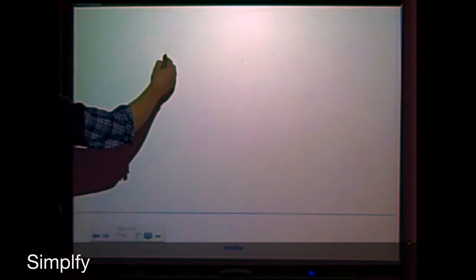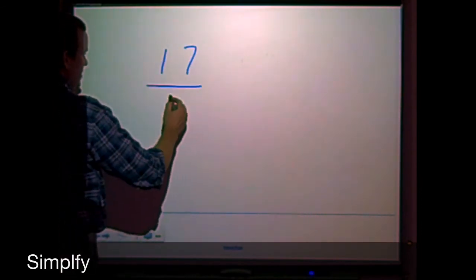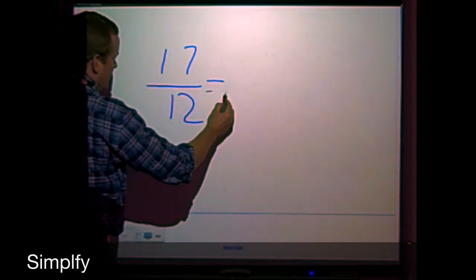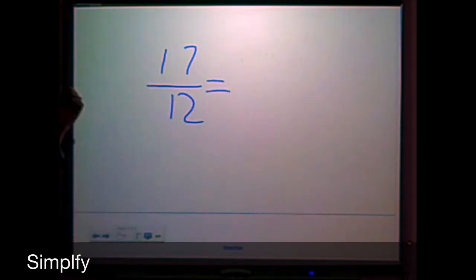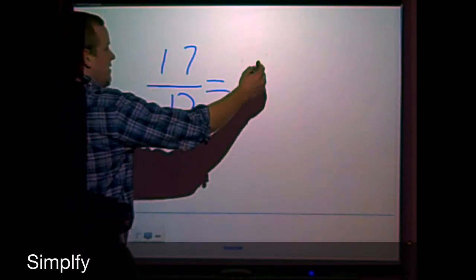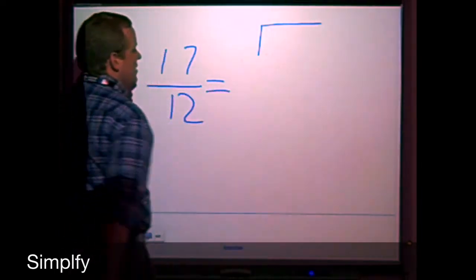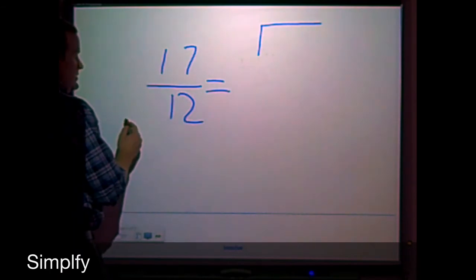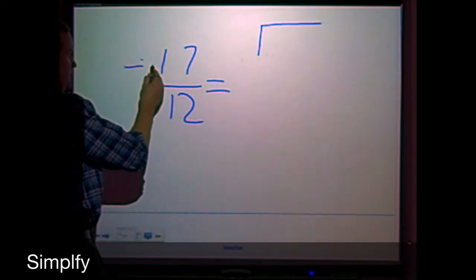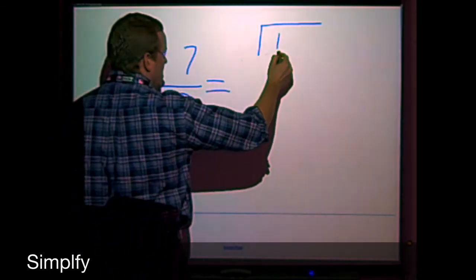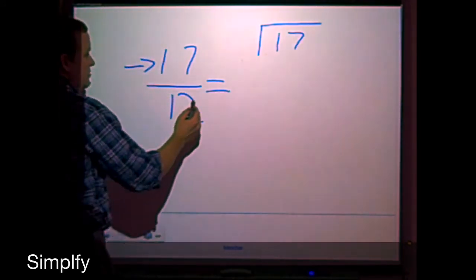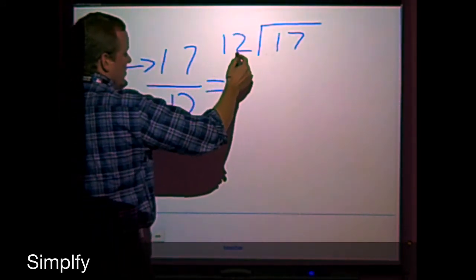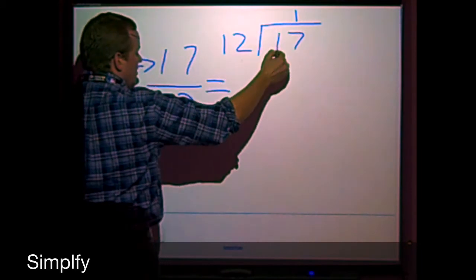And we know if we have 17 over 12, we want to simplify that. A quick, really easy way to simplify is to turn it into a division problem. We know the 17 is going to be our dividend, and 12 will be our divisor. 12 goes into 17 one time.